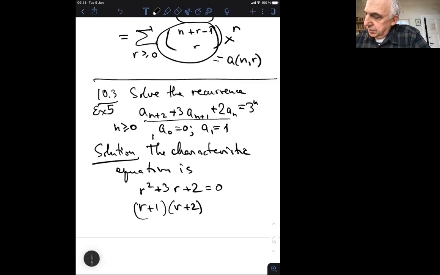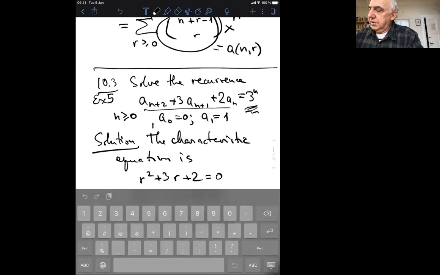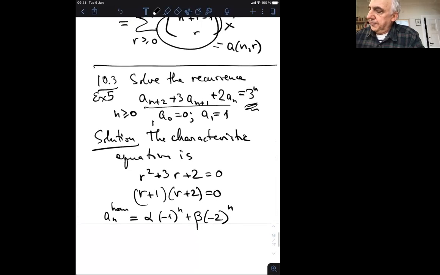So a general solution of the homogeneous would be some constant times (minus 1) to the power n plus some other constant times (minus 2) to the power n. So 3 is not a root, not a solution of the homogeneous thing, so it's an easy situation.